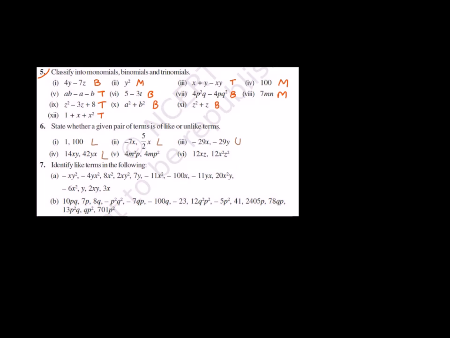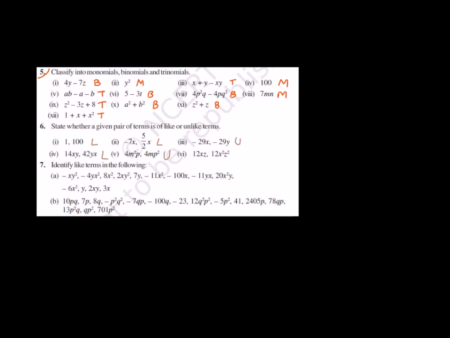Fifth part, 4m square p and 4m p square. Here the variables are same, but their powers are different. In the first term, the power of m is 2, and in the second term, power of m is 1. Similarly, power of p in the first term is 1, and power is 2 in the second term. So these are unlike terms. These are not like terms.